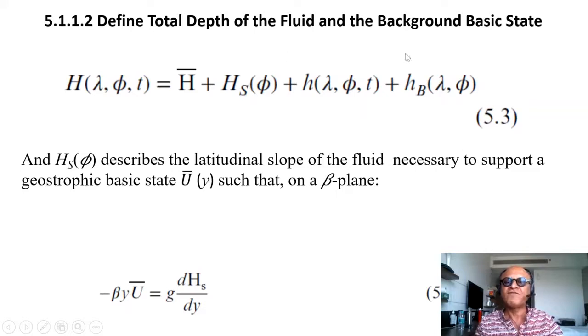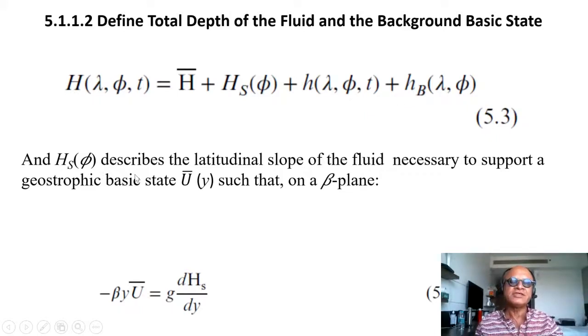Define the total depth of the fluid and the background state. So h, the height of the fluid, is a function of latitude, longitude, and time because the interface is moving, which is the sum of the mean height that we talked about, plus the slope, plus the perturbations to the free surface, plus the bottom topography.